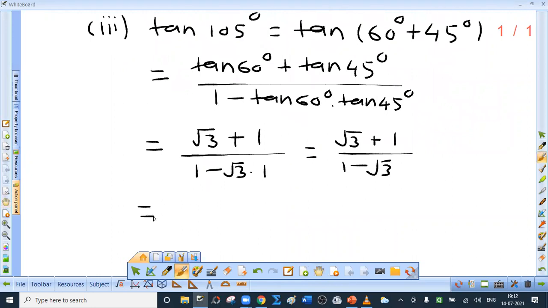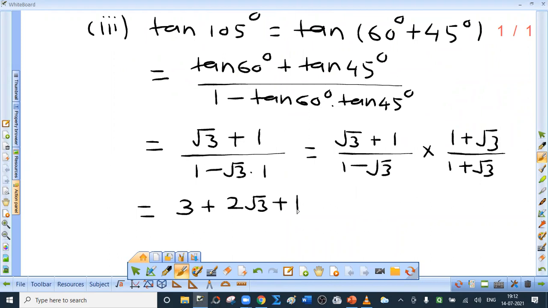If you want to simplify this, then you have to multiply numerator and denominator by 1 plus root 3. See, root 3 plus 1 is the same as 1 plus root 3. So what is the numerator? 3 plus 2 root 3 plus 1.